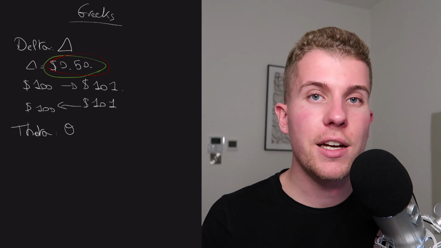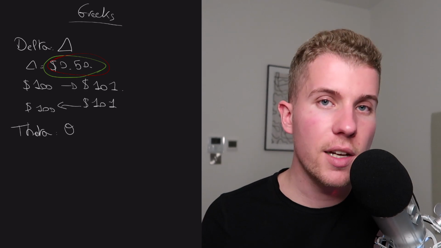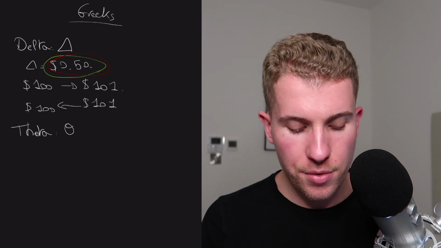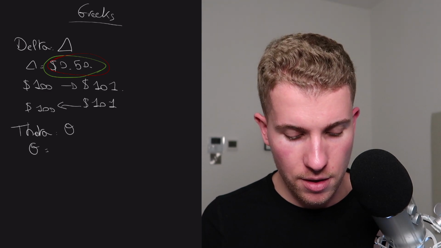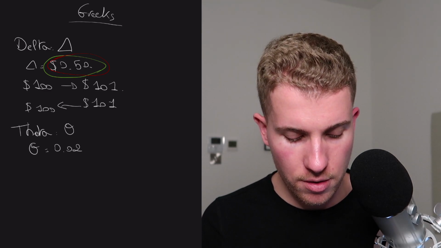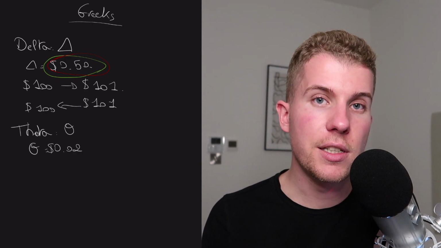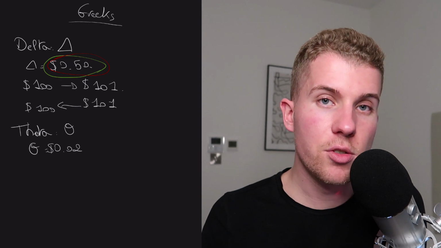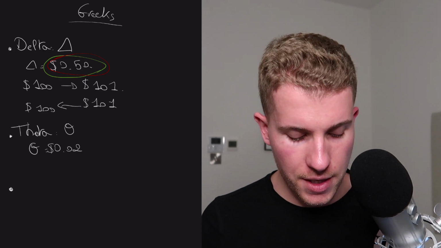Well, with theta, you can know exactly what amount an option is losing on a daily basis. For example, if theta is, let's say, 2 cents, and 1 day passes, then you know that the option is losing 2 cents. Pretty straightforward, right?